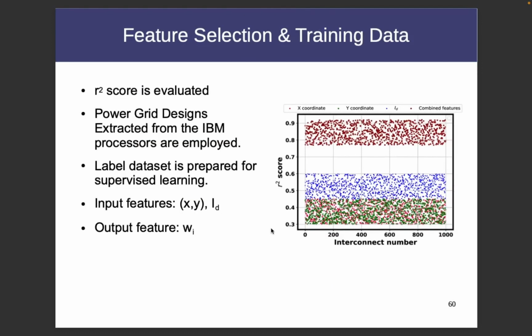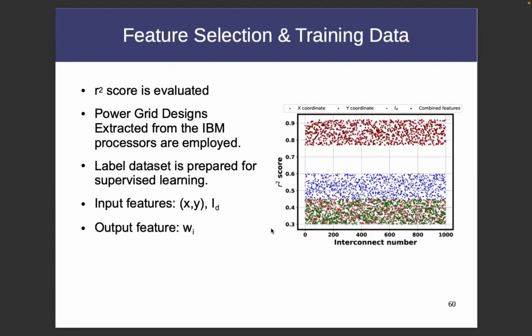So what kind of features have we selected? For that, we evaluated the R square score of different power grid parameters.